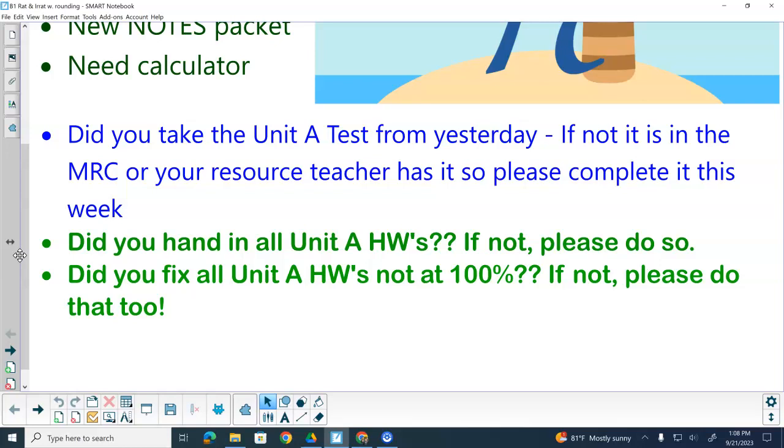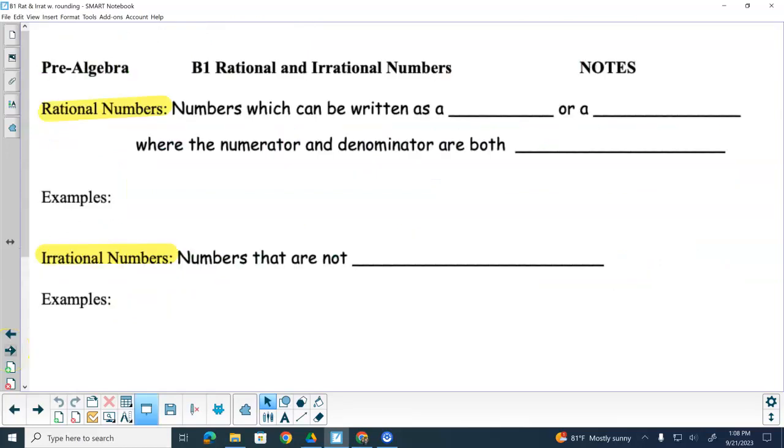Okay. All right. So we are in the B1 notes, which are the top of that packet. So a rational number is a number that can be written as a, and now again, I am just your teacher. Don't get mad at me when I write this next word.